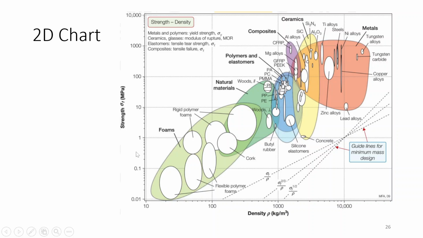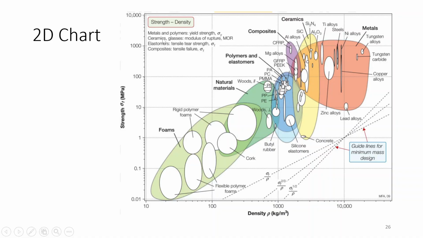If you are trying to find strength, then you will look above this region, among these light materials. And these are the guidelines that will help you in selecting these properties.